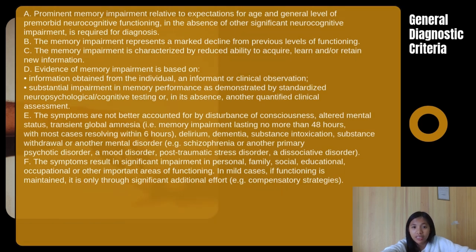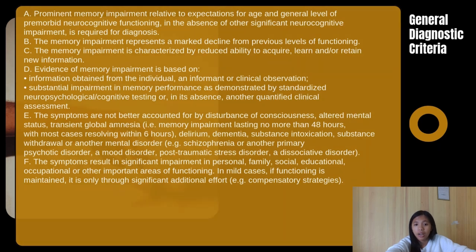Letter D, evidence of memory impairment is based on number one, information obtained from the individual, an informant or clinical observation, and number two, substantial impairment in memory performance as demonstrated by standardized neuropsychological cognitive testing or in its absence, another quantified clinical assessment.